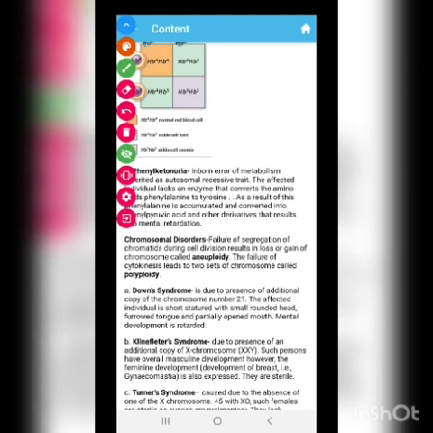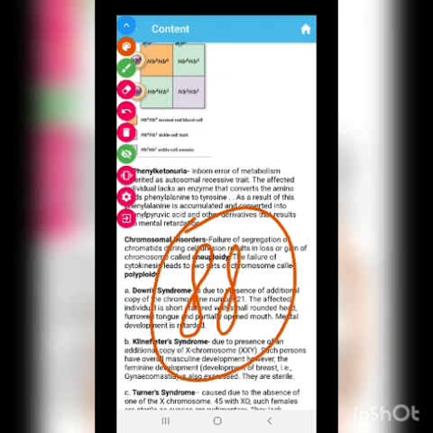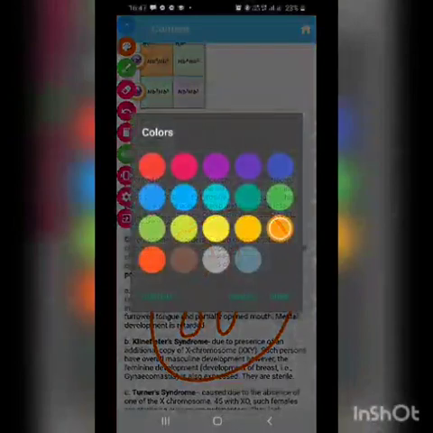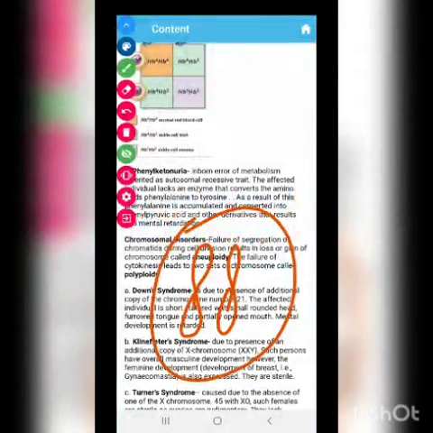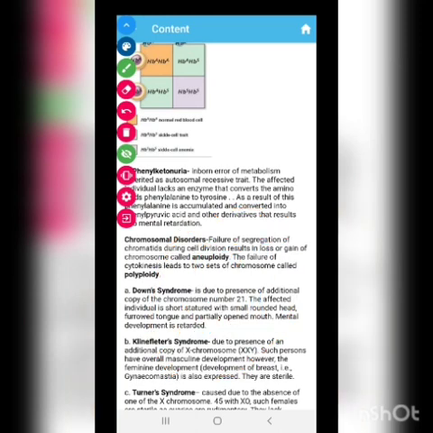So if there is failure of cytokinesis and the chromosomes have already doubled, the DNA has done its replication, and there is no cytokinesis, then one single cell contains two sets of chromosomes. Normally the condition of chromosomes is this in one cell, but when cytokinesis does not take place, the condition becomes like this. Two sets of chromosomes are there inside one single cell. This is known as polyploidy. So two conditions may arise.